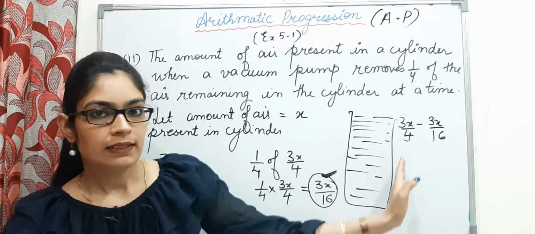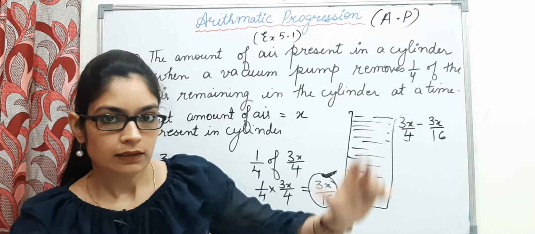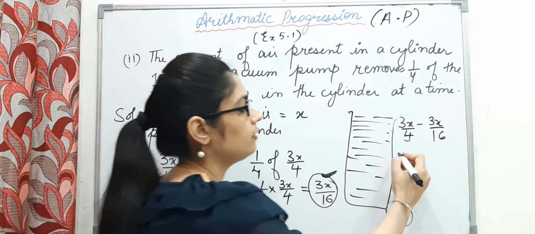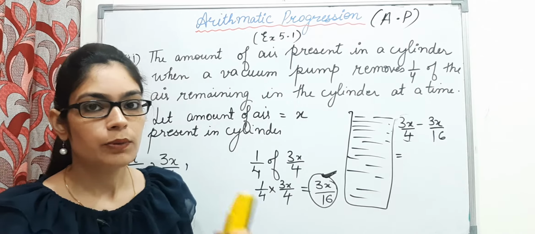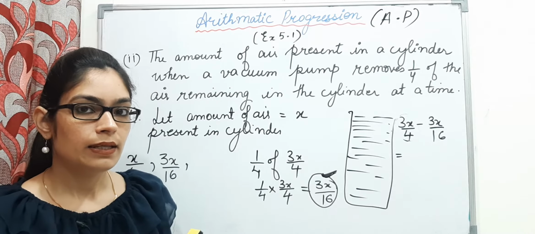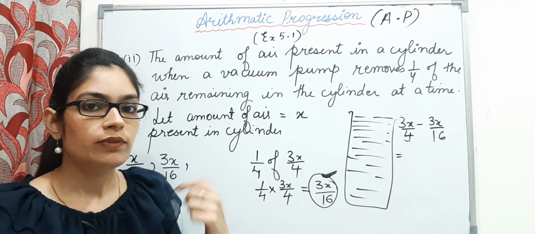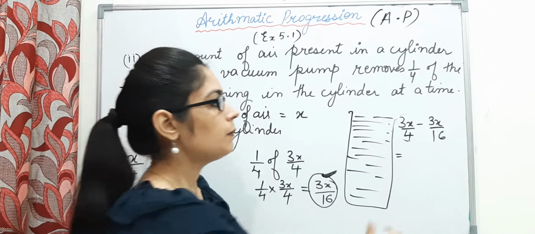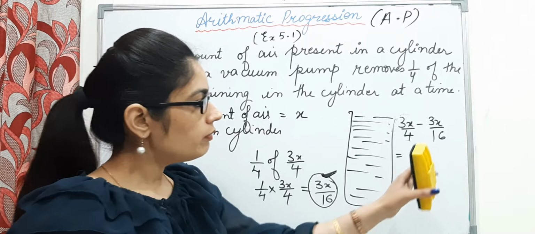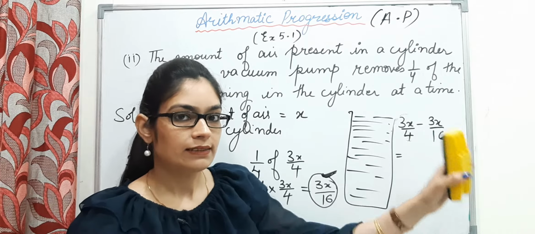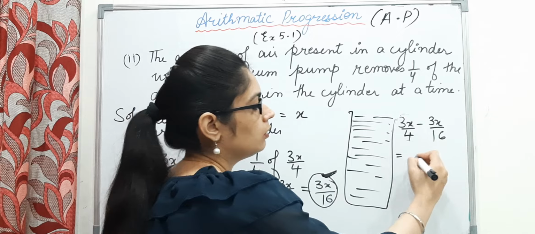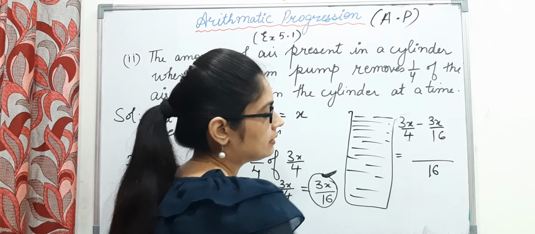From the present, if we subtract the removed air, we will get the amount of air remaining now. Remaining is very important because 1/4 of the remaining air is removed every time. So we will take the LCM of 4 and 16, which is 16.